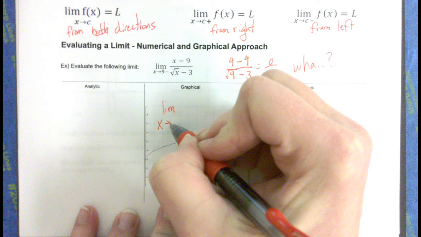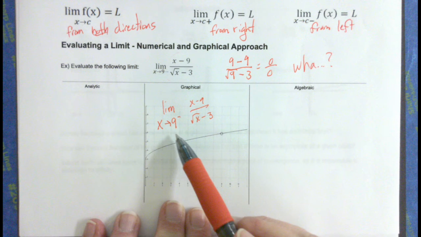So if it was x approaches 9 from the right, would it still be 6? Yes, it would. This one is the same because it's approaching the same value from the left as it is from the right. So actually, I can drop that negative there. That means from the left.